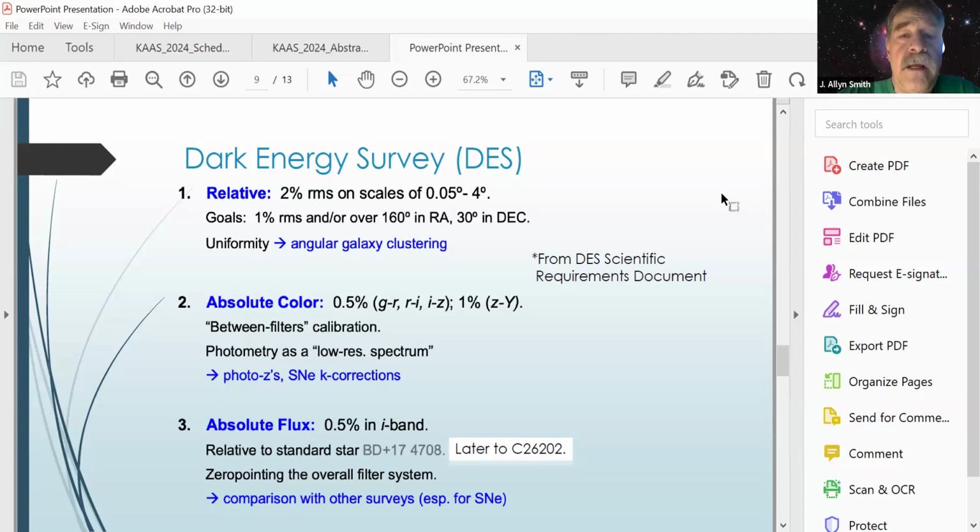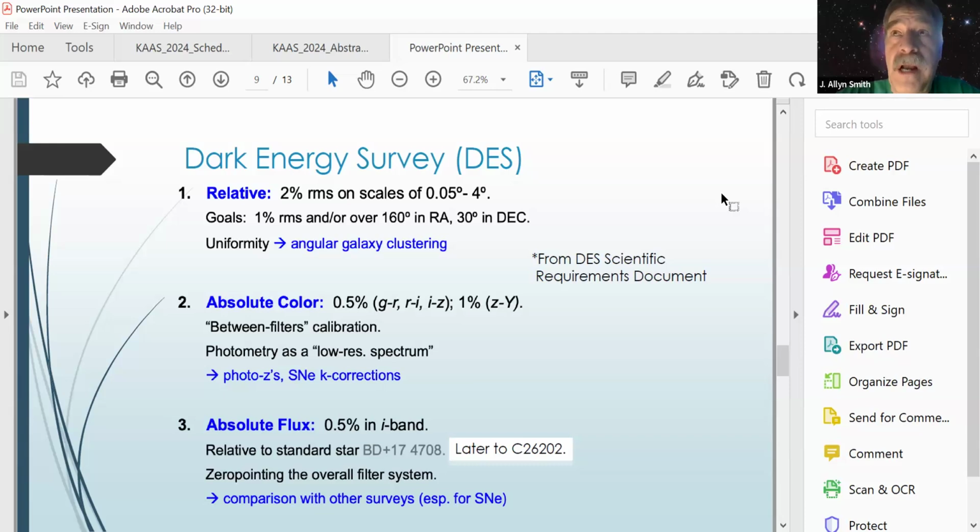Uniformity was driven by angular galaxy clustering. The absolute color had to be known to 0.5% in the colors g, r, i, and z, and 1% in z minus Y. And this is an order of magnitude more stringent than Sloan. And everybody who was working on this said, it's going to be interesting.